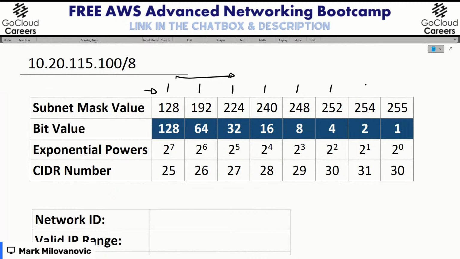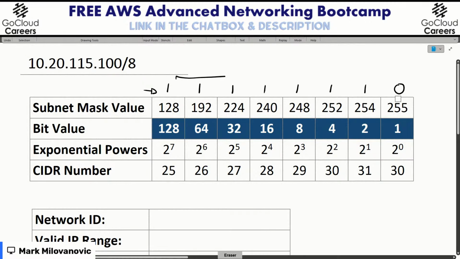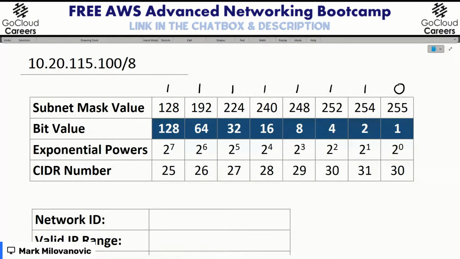As I turn them on, all I'm doing is adding the values together. And then eventually, as we said, all ones would equal what? 255. If I did not turn on, let's say, this last bit, but I still added all the previous values together, I would have what? 254.